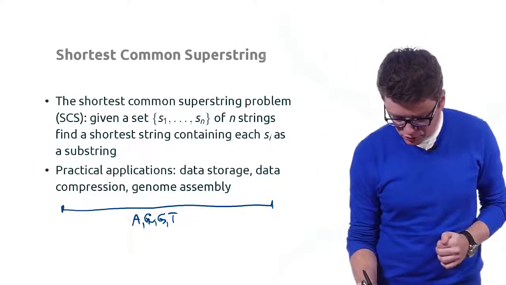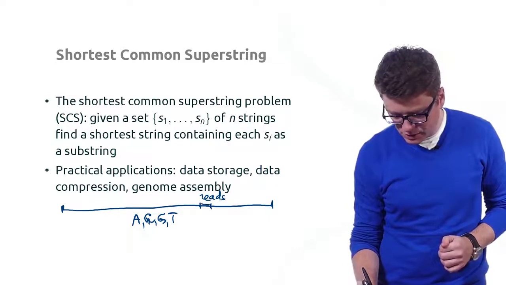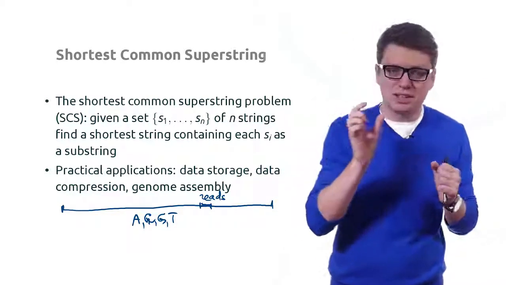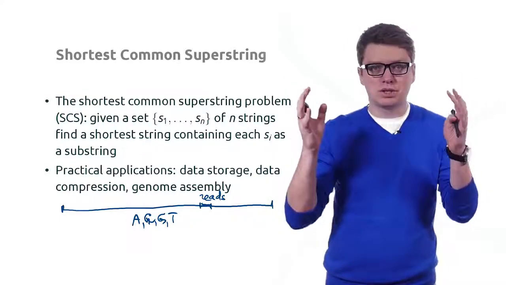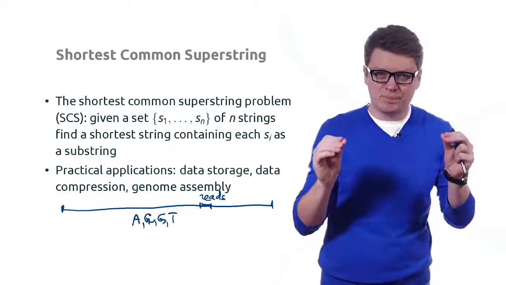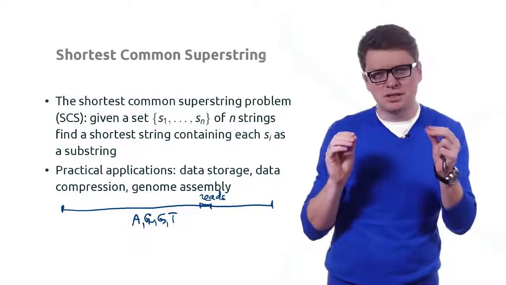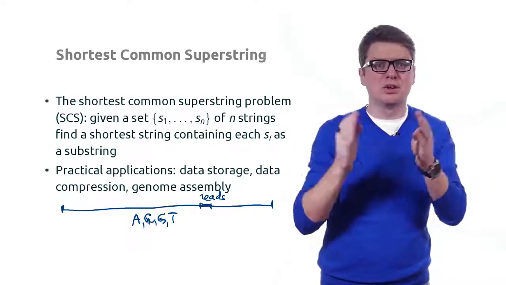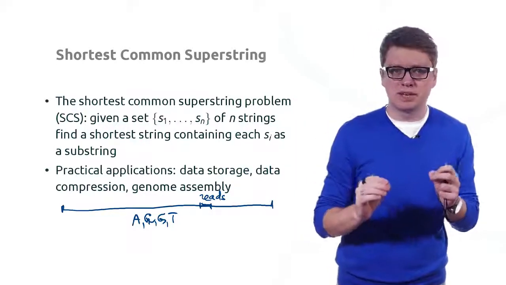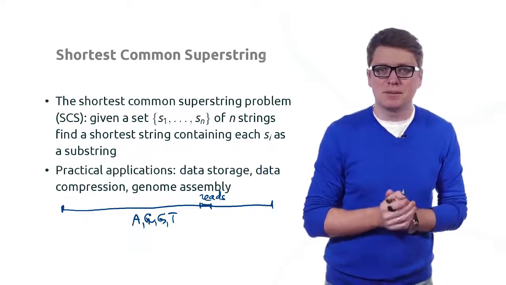What they allow us to read is short fragments, usually called reads. So instead of a whole genome, we have many of its relatively short substrings, and out of these substrings we need to compile a string that contains all the reads. In reality everything is slightly more complicated because reads contain errors and so on, and we are not interested in a single genome, we are looking for a set of contigs, but still the shortest common superstring is considered as a mathematical model for genome assembly.